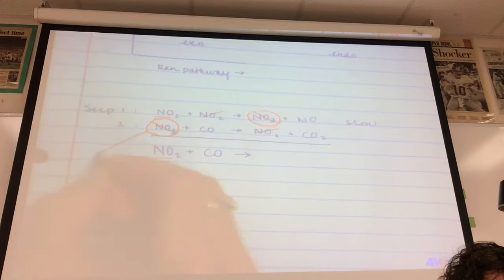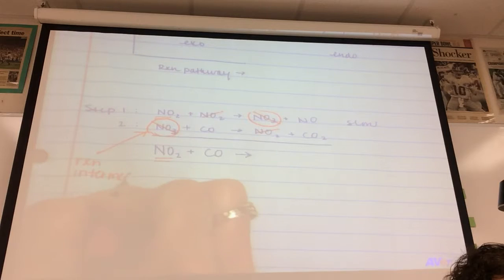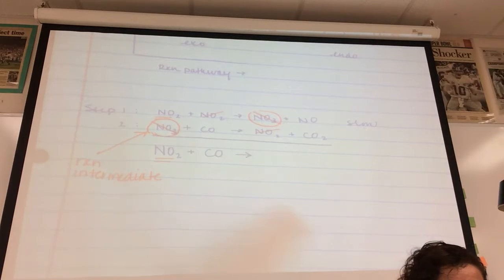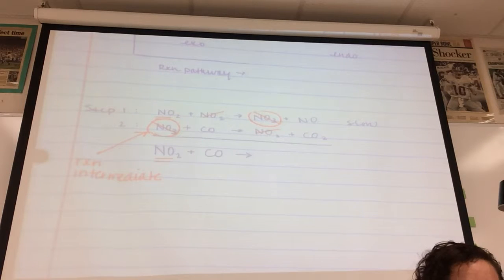That is called a reaction intermediate. That is your activated complex that doesn't last long. It's showing reactant bonds breaking, product bonds forming.